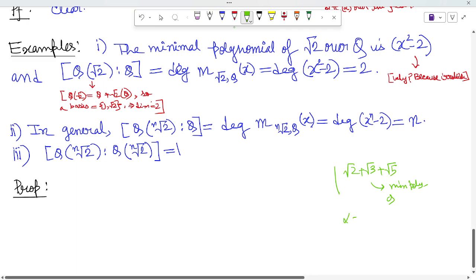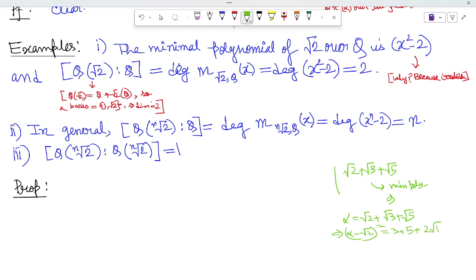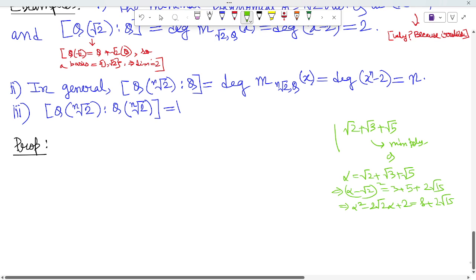If you take alpha equal to root 2 plus root 3 plus root 5, you can do it this way: alpha minus root 2, squared, equals 3 plus 5 plus root 15. Then 2 root 2 alpha plus 2 equals 8 plus 2 root 15.